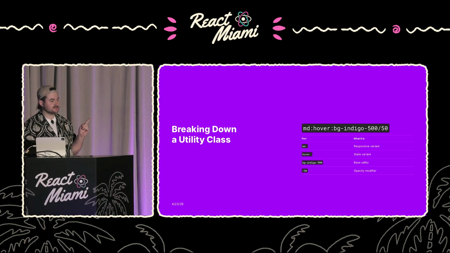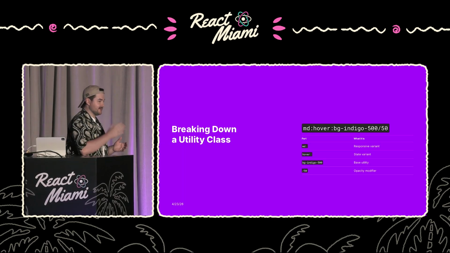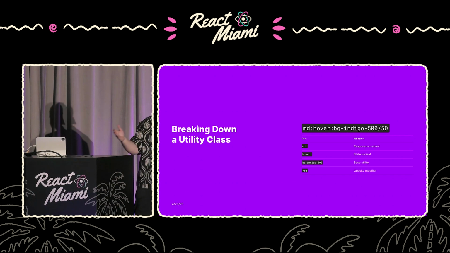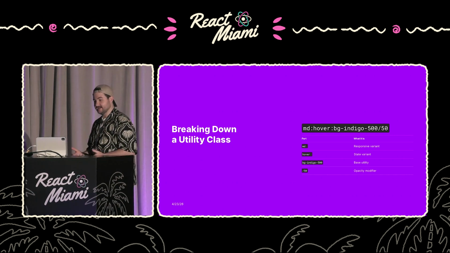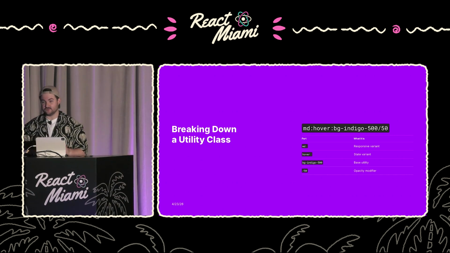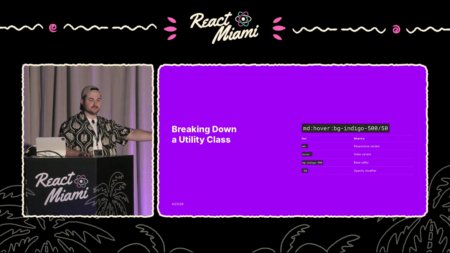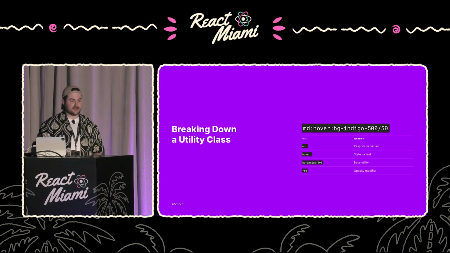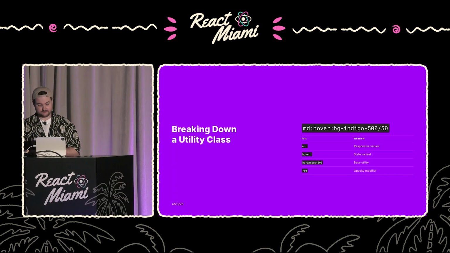When you write something like this, the extractor needs to understand that the entire thing, md:hover:bg-indigo-500/50, is an entire candidate, not just a bunch of individual pieces. And it's not trying to understand what hover means. It's not trying to understand what indigo 500 means. But what it needs to know is where the candidate starts and where it ends in that class name.